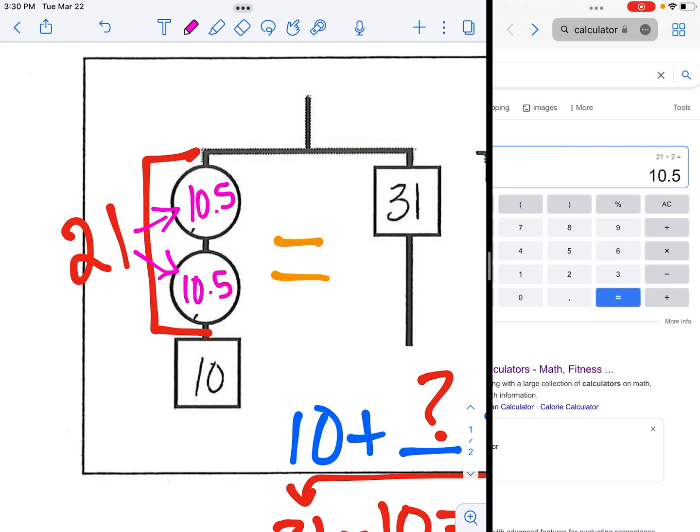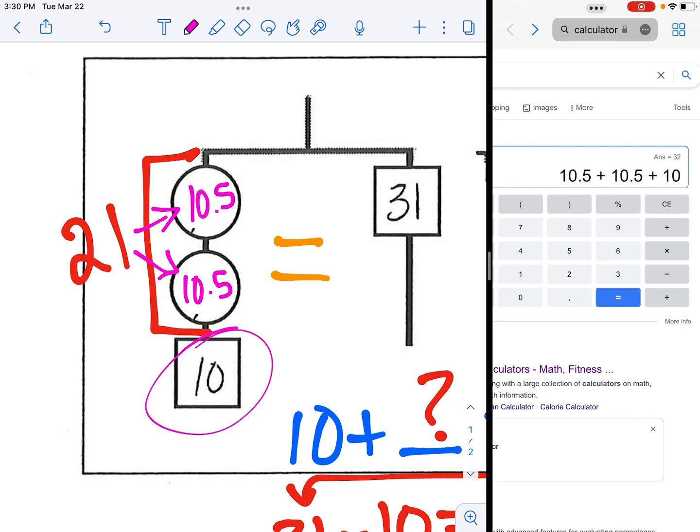So if I add that together, 10 and a half plus 10 and a half, plus that bottom 10. It's hard to get the zero here. Sheesh, this is really tricky. 10 and a half plus 10 and a half plus this bottom one is 10.